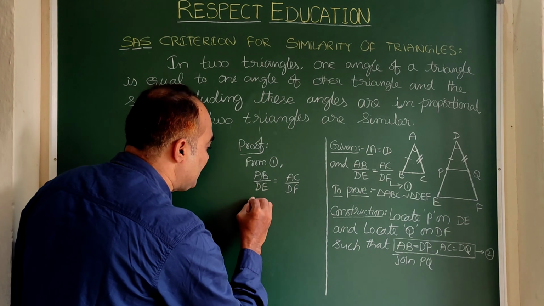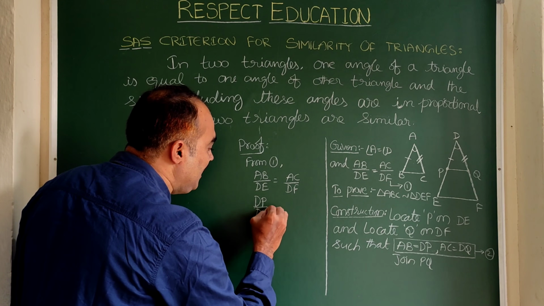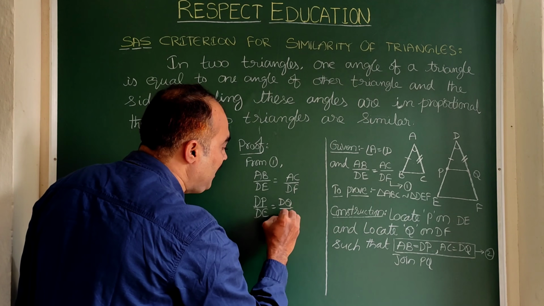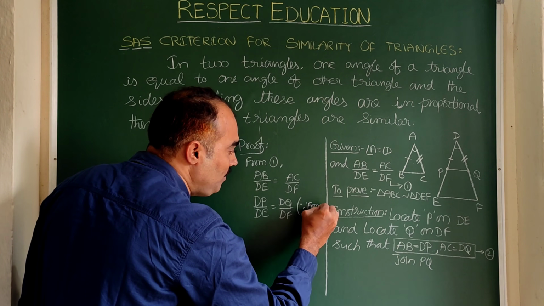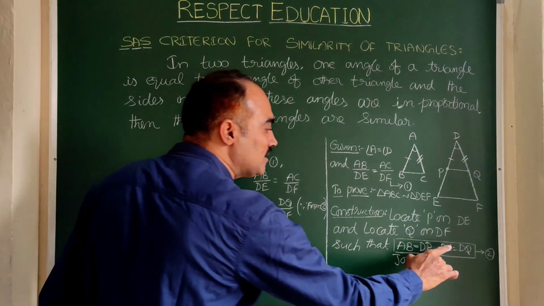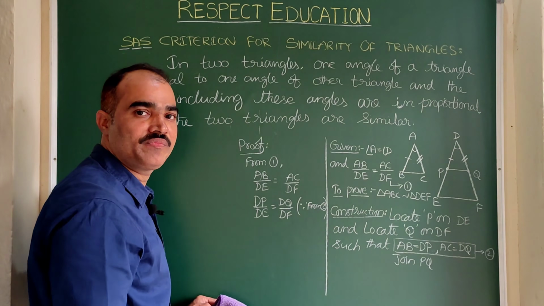So let us write now DP by DE is equal to DQ by DF. Here I am writing this since from equation 2. I have changed this on the basis of equation 2, or we can write by construction also.